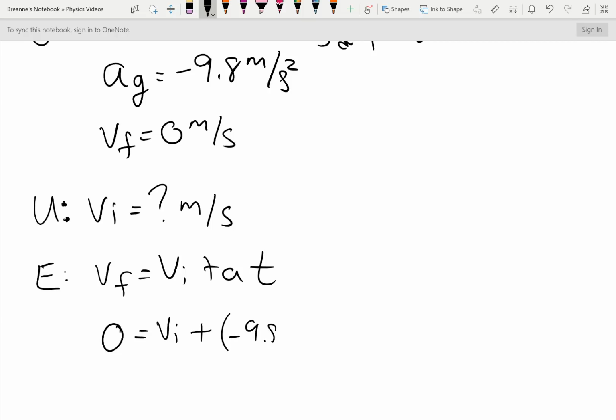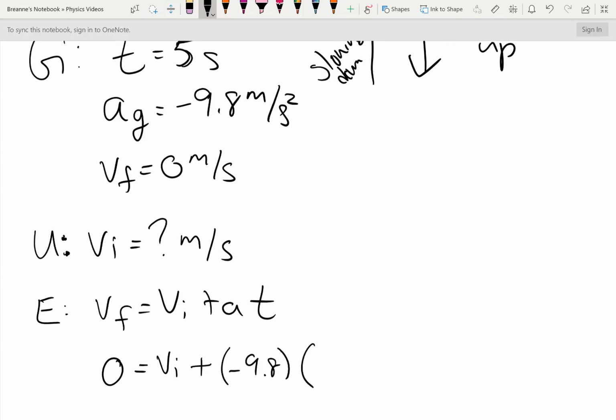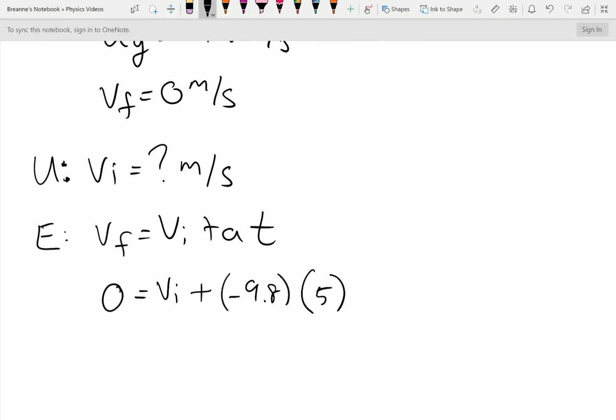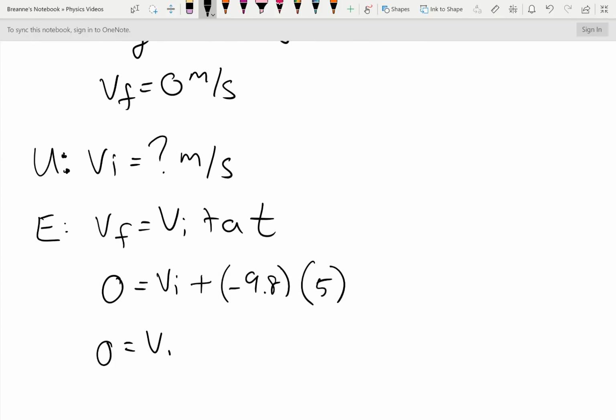Our acceleration is negative 9.8. And our time is 5. So now we can go ahead and multiply that. 9.8 times 5, so you get a negative 49.